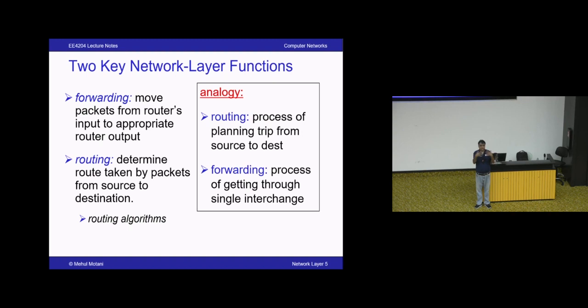Of course these two are related. The routing algorithm will drive the forwarding algorithm. So we just break it up into these two. Initially we like to say the job of the network layer is routing, but actually it's a subtle point: there are two functions going on here.